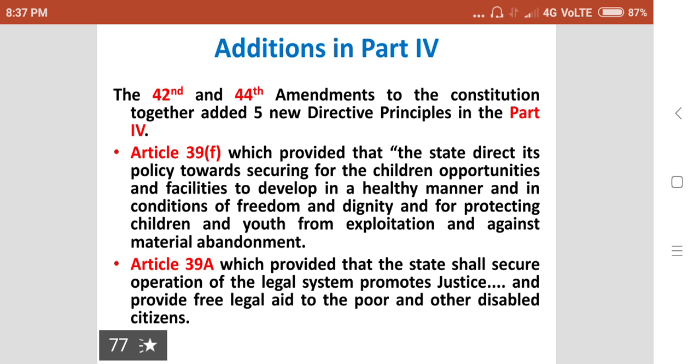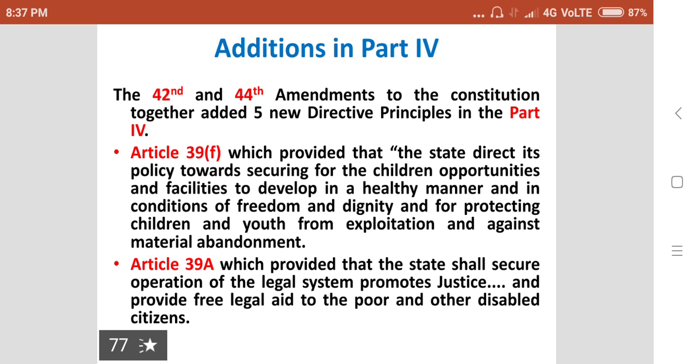Then, additions in part 4, some additional directive principles are added. The 42nd and 44th amendments to the Constitution together added 5 new directive principles in part 4.